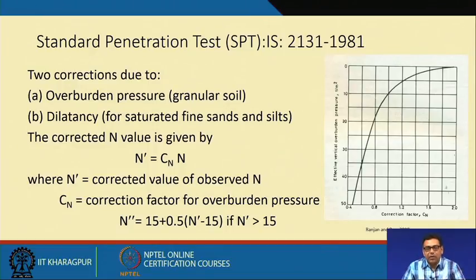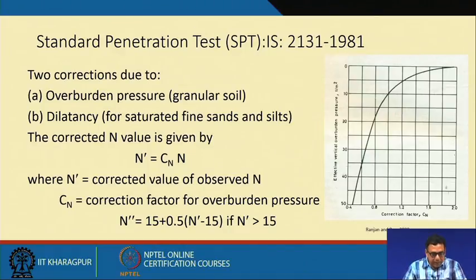Once we get the measured N value, we have to apply some corrections over it. One is the measured N value, another is the corrected N value, and most of the correlations are based on the corrected N values. Sometimes the correlations are given with measured N values also.